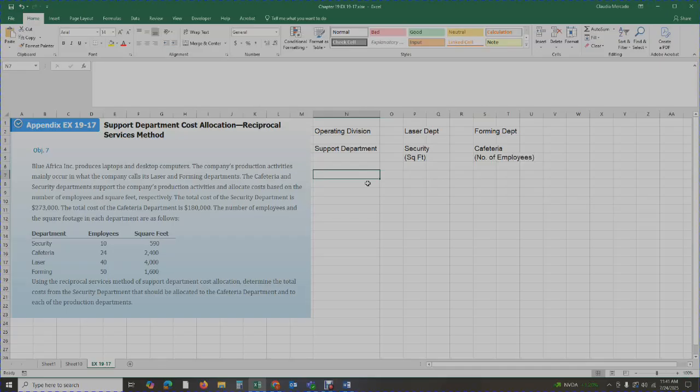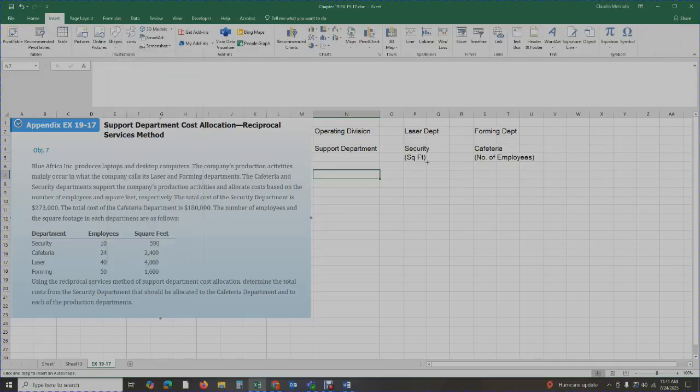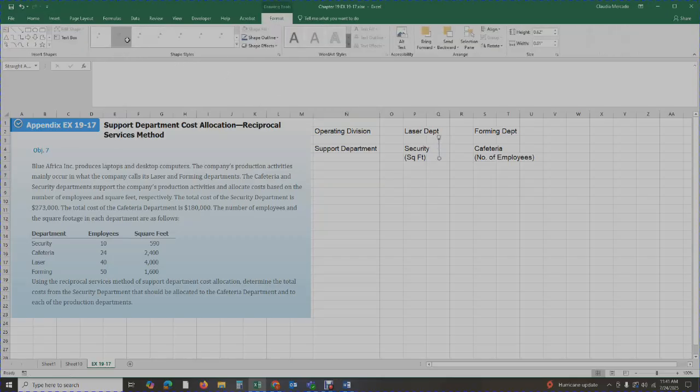So, now that we know this data, let's go ahead and figure out how much of the distribution is going to go to each of the departments, okay? Now, the problem asks us that we need to distribute the security cost into all of the other three departments. So, we're going to distribute the security. It's going to go to the laser, okay?